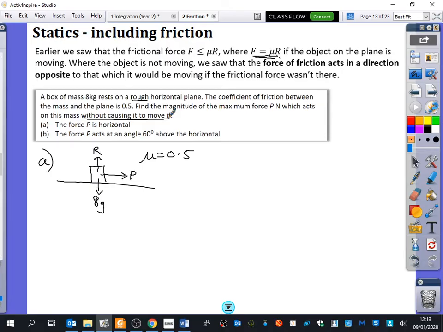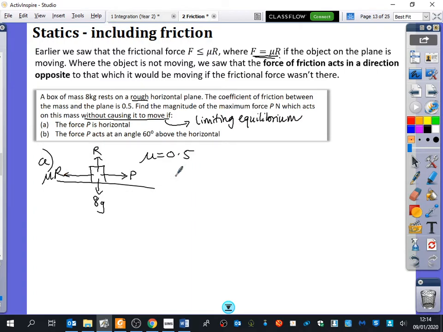For a flat surface, this is dead easy. But if it was on a sloped surface, it's a bit trickier because we've got a lot more forces happening. Because it's just about to move, we know that it is in limiting equilibrium. And we know that the force on this side is the friction, which we can just say is mu R. A nice simple problem.